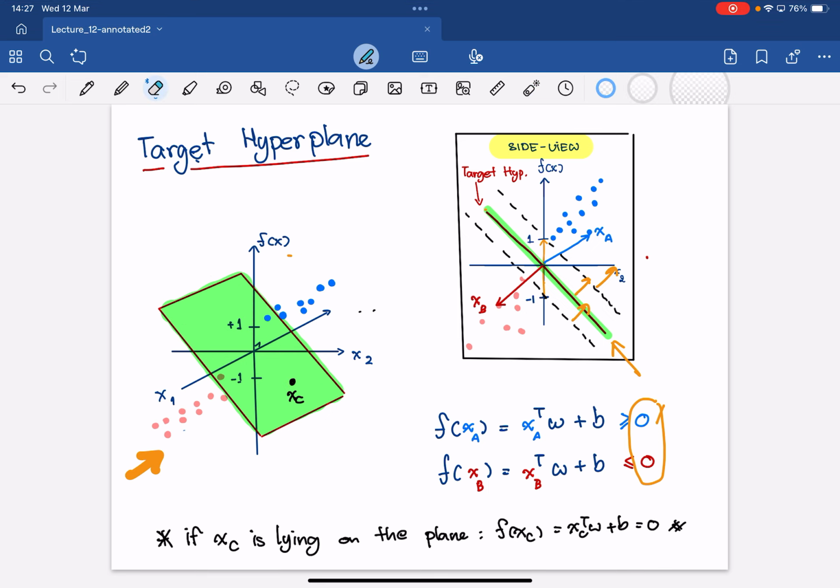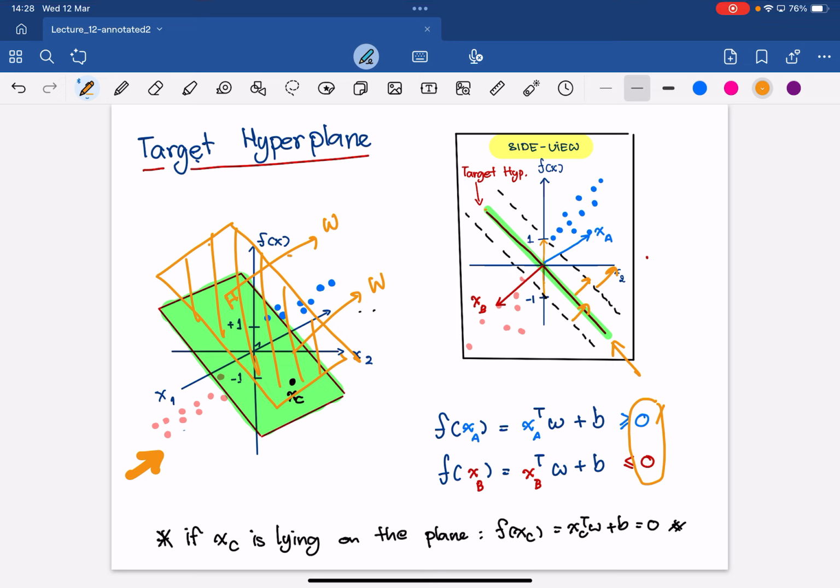The normal vector is the vector that is orthogonal to every point on the plane, right? And if you shift this hyperplane up or down, let's say if you move it up, your normal vector should still be the same. But what is different is a bias constant, or some constant value that will move it up.